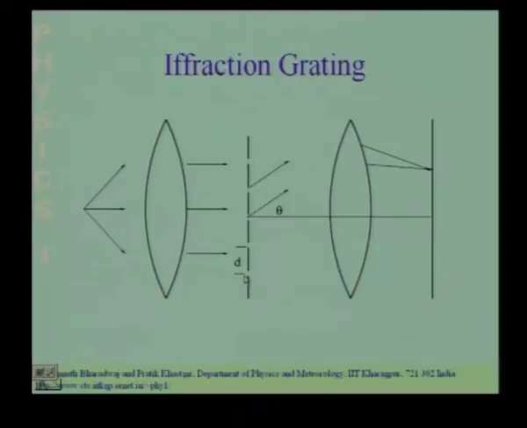Before going on to discuss what the intensity pattern will look like, let me discuss how you can construct a diffraction grating. You might have seen a diffraction grating in your physics laboratory. If you are working in the optical range, the diffraction grating will be something of this size, and if you look at it, you will notice that there are dark lines through which the light cannot pass, and then there are transparent lines through which the light can pass.